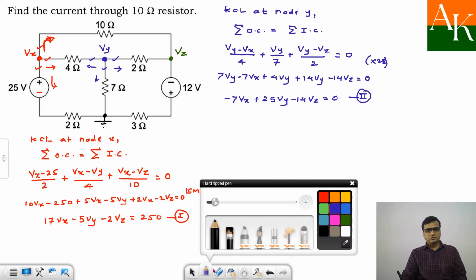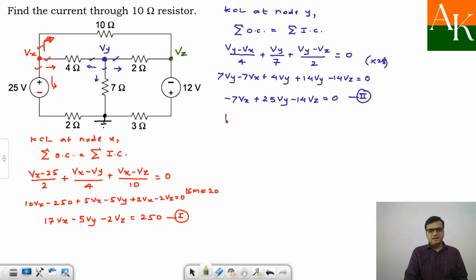Now the third equation I have to obtain by applying KCL at node Z. Three branches are connected. You are applying KCL at node Z, so that means summation of outgoing current is equal to summation of incoming current. Is there any current source connected to node Z? No. So I can assume all the currents as outgoing.